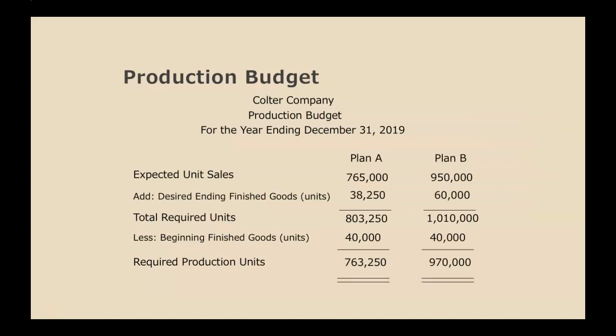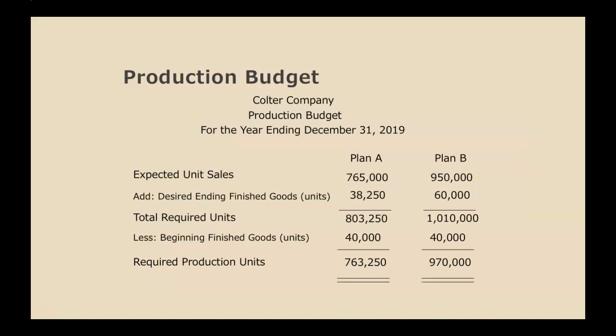So now, when we compare the two plans, we see that under Plan A, we only have to make 763,000 units. Plan B, we have to produce almost 200,000 more units. That number's up at 970 now.